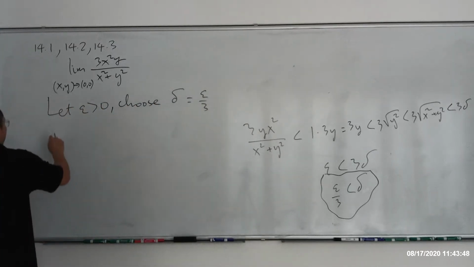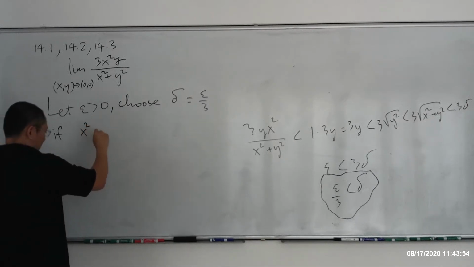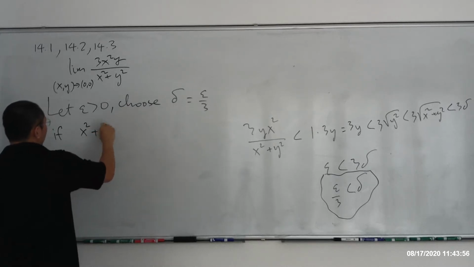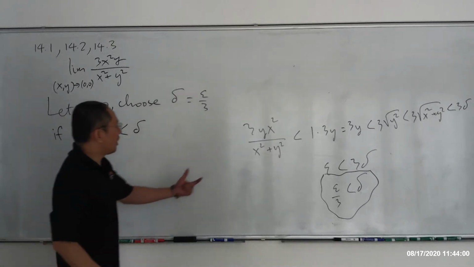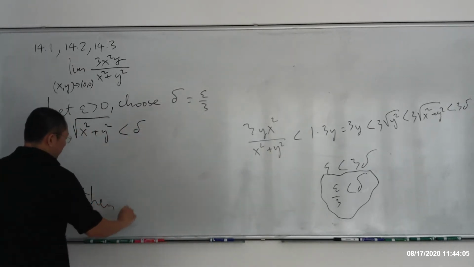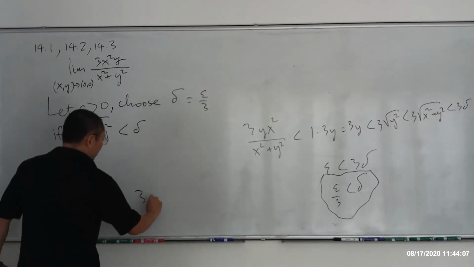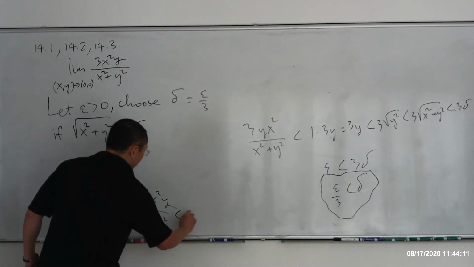And then if the square root of x squared plus y squared is less than delta, then I'm trying to show that at the end, 3x squared y over x squared plus y squared is less than epsilon.